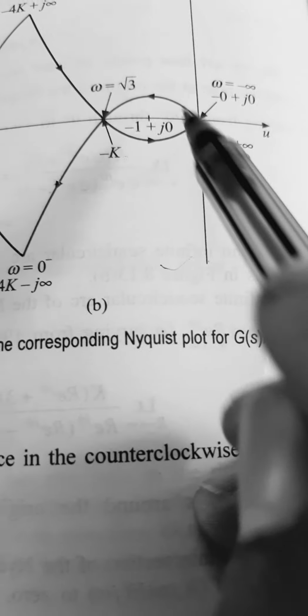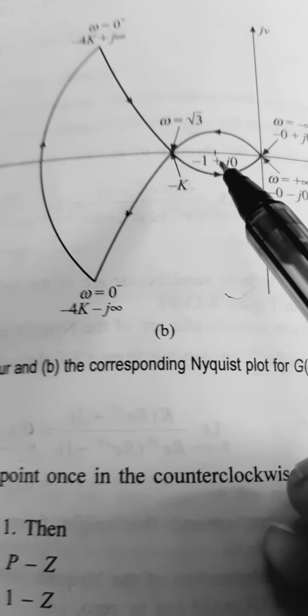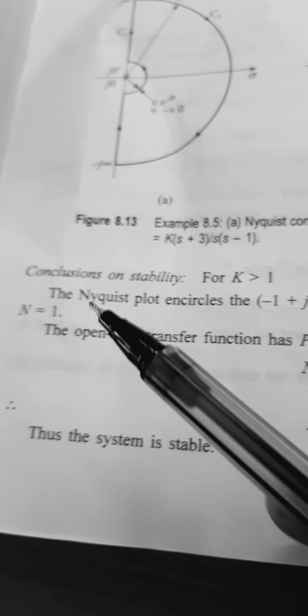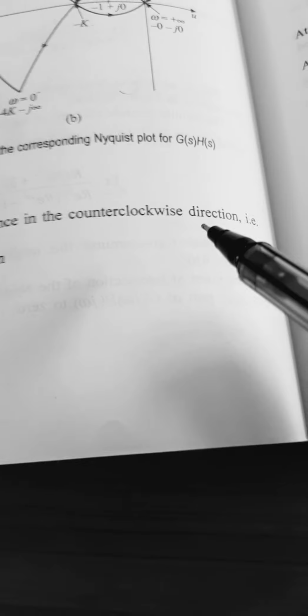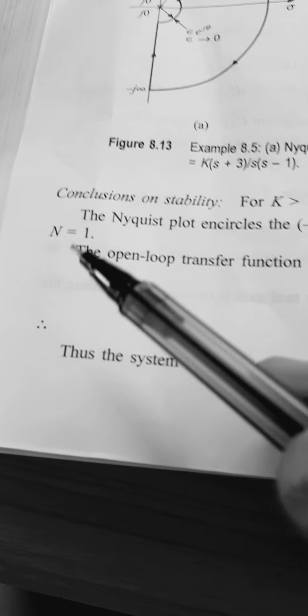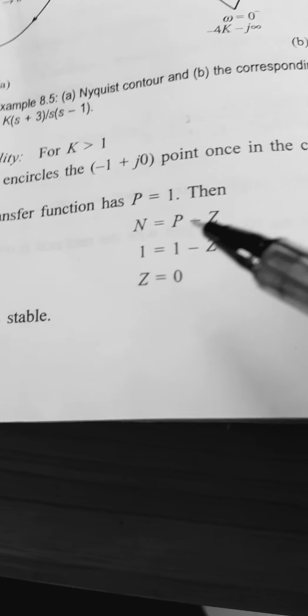So certainly there is a contour encirclement about the minus 1 plus j0 point once in the counterclockwise direction, that is N is equal to 1. The open loop transfer function has P is equal to 1. Here N is equal to P minus Z, so 1 is equal to 1 minus Z, so Z is equal to 0. Thus the system is stable.